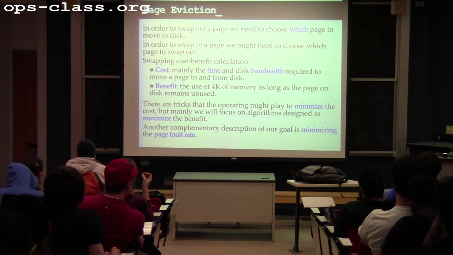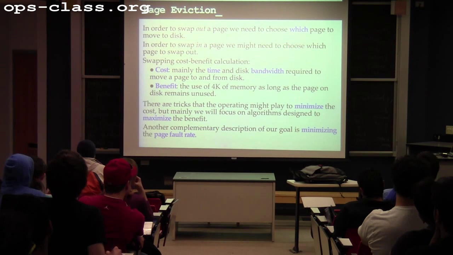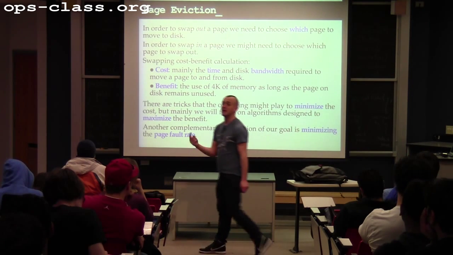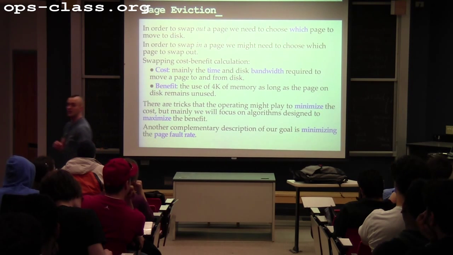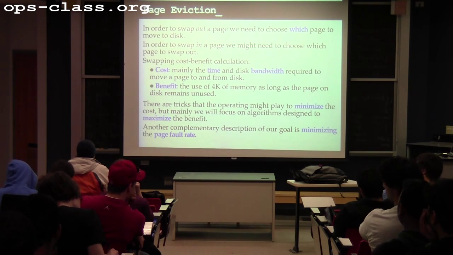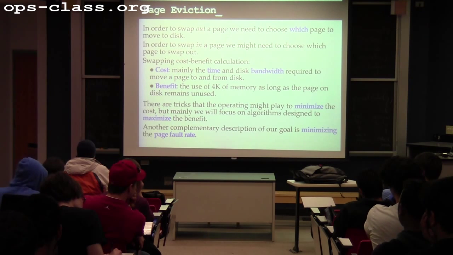So the number of pages I have to bring in from disk, right? So one way of thinking about this is if I choose the wrong page to throw out, then that page is going to come right back in fairly quickly. And so if I have a bad page replacement algorithm, it's actually going to generate a lot of page faults. A good page replacement algorithm is going to generate fewer page faults for the same workload.